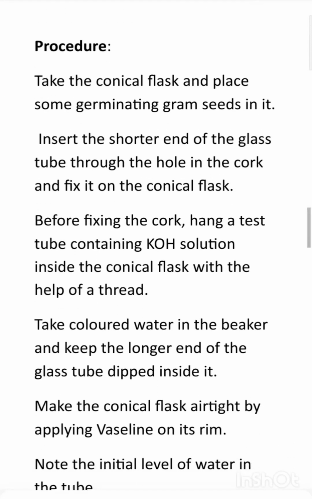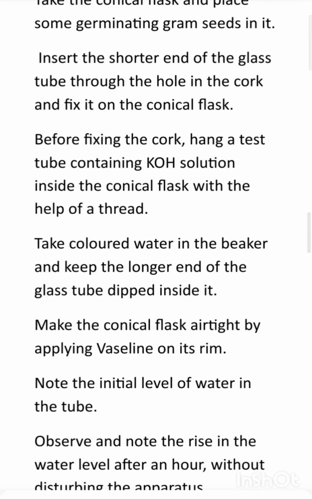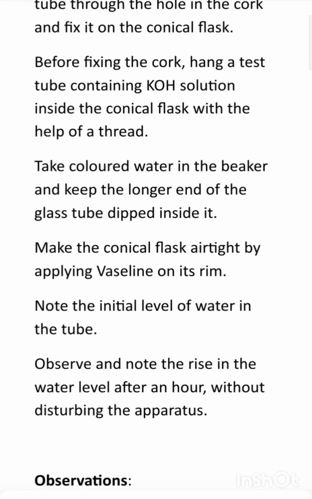Procedure: take the conical flask and place some germinating gram seeds in it. Insert the shorter end of the glass tube through the hole in the cork and fix it on the conical flask. Before fixing the cork, hang a test tube containing potassium hydroxide solution inside the conical flask with the help of a thread.